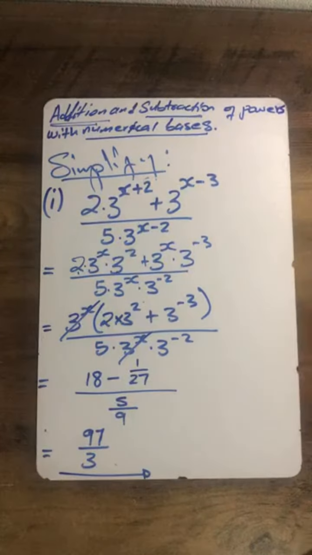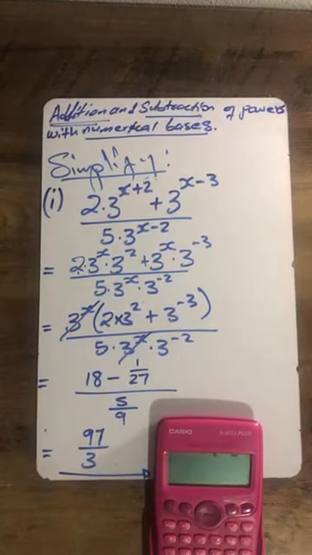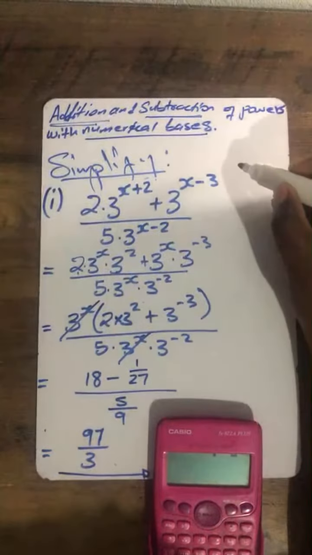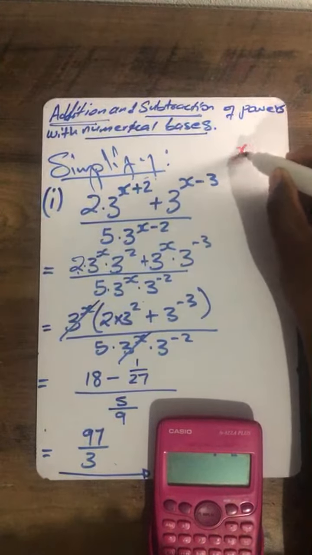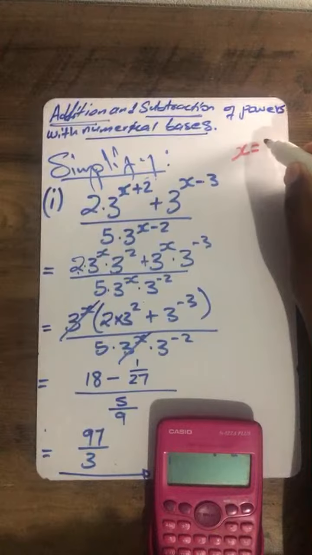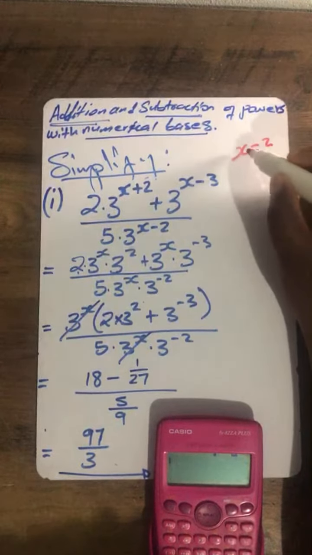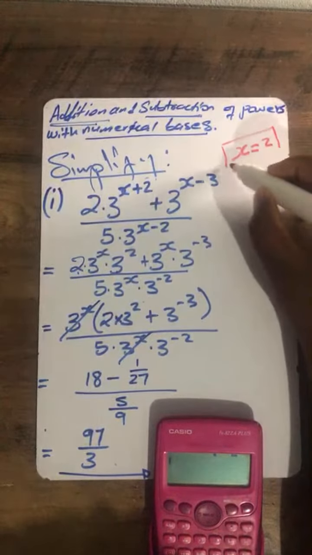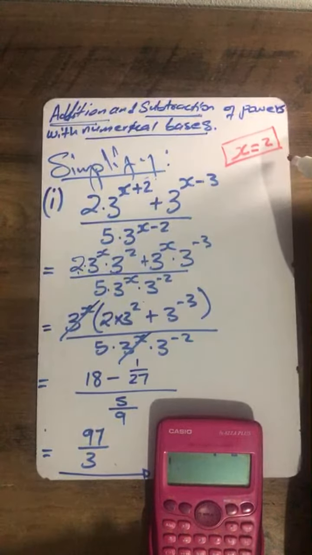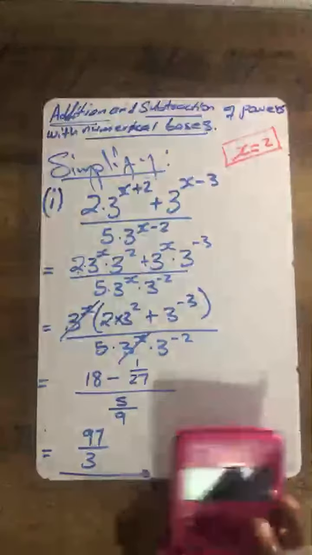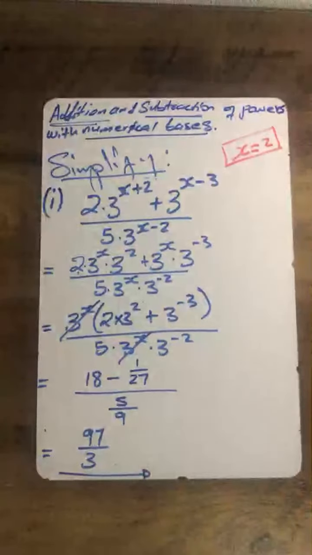The only way to prove it is to choose a number and substitute. I will say x is equal to 2, so everywhere I see x, I'm going to put 2. Say it is a plus, not a minus. Yes, I probably made a mistake somewhere.